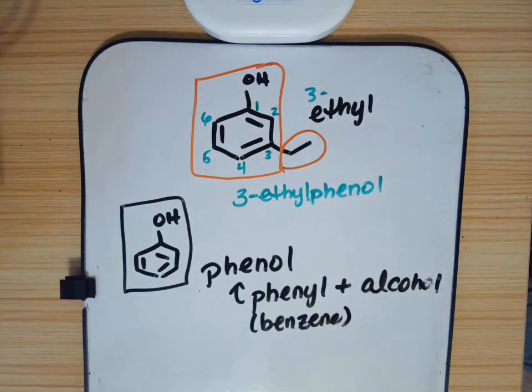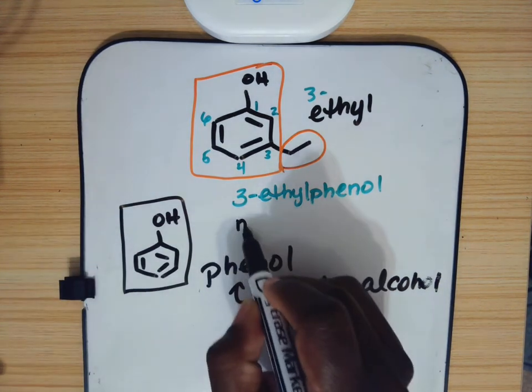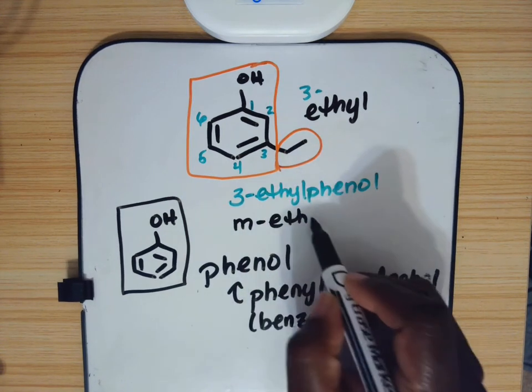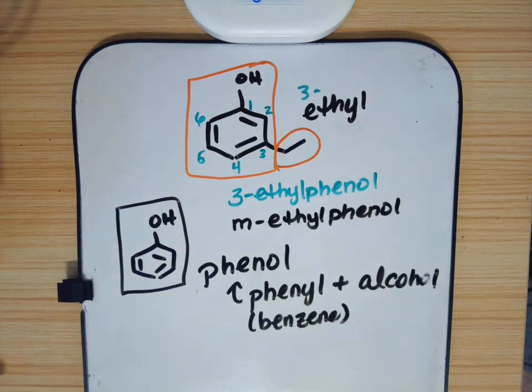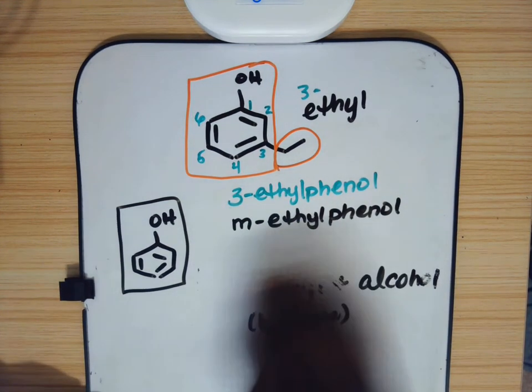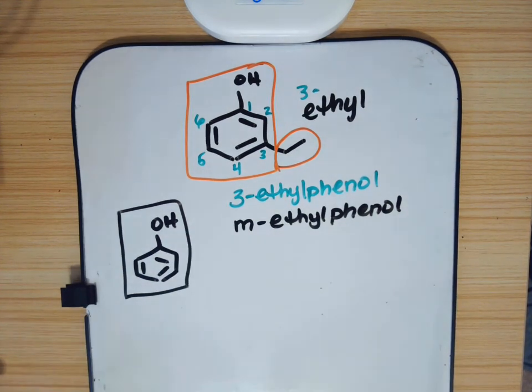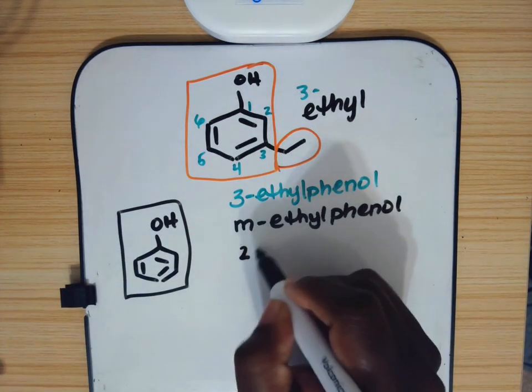Another thing to point out, because again I know some people like to look at different YouTube videos or Khan Academy or do Google searches. When dealing with aromatics that involve multiple substituents, there are different ways that you can see it numbered. So if you look this up on the internet, you may also see it referred to as meta-ethyl phenol. Meta, M-E-T-A, is basically indicating the location, and it indicates that they are 2 carbons apart.